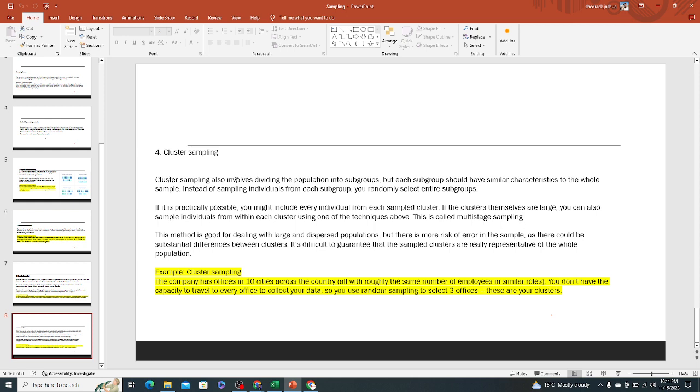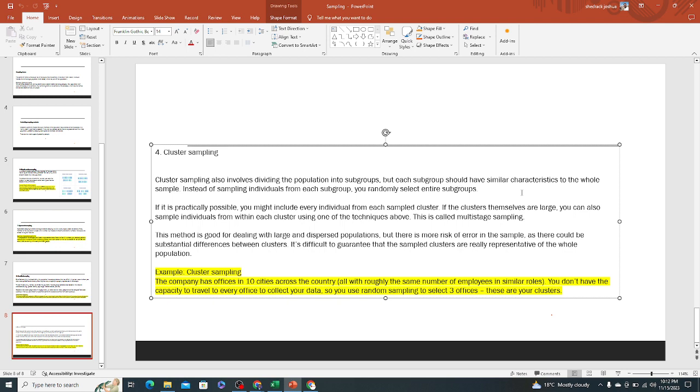Instead of sampling individuals from each subgroup, you randomly select an entire subgroup.